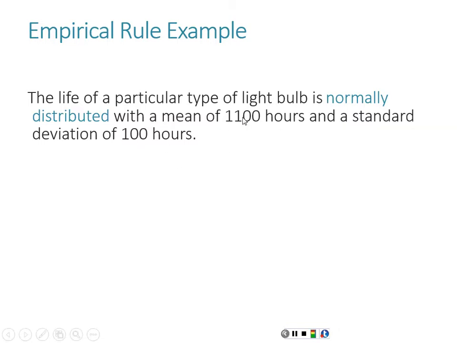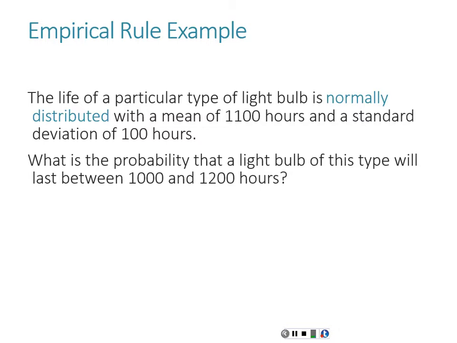Okay, so here's my mean, this is mu, and here's my standard deviation. That's sigma, and it's going to be 100, and it's mu and sigma because it's a probability distribution, so it's a population. And our question is then, what is the probability that a light bulb of this type will last between 1,000 and 1,200 hours?